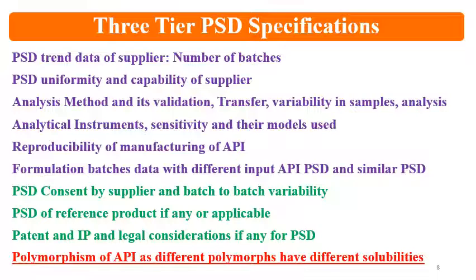Understand the analysis method, its validation, method transfer, and method variability at different sites, with different sampling techniques, different batches, different analysts, and different labs. Then understand the analytical instruments, their sensitivity, and their model's effect.